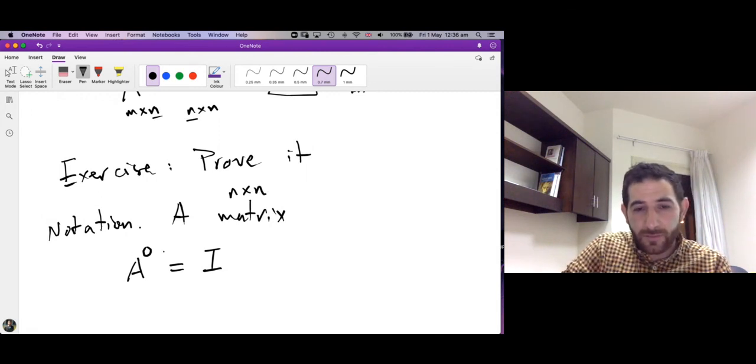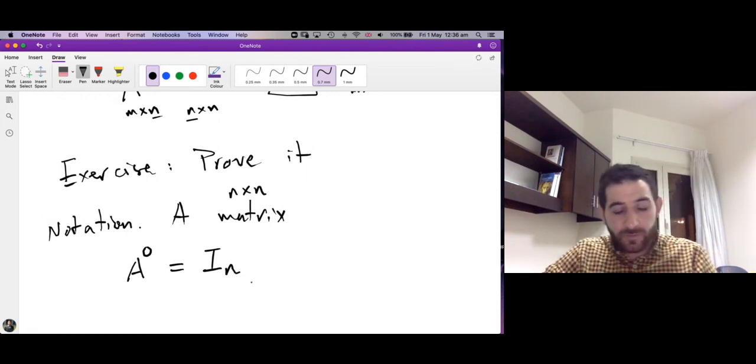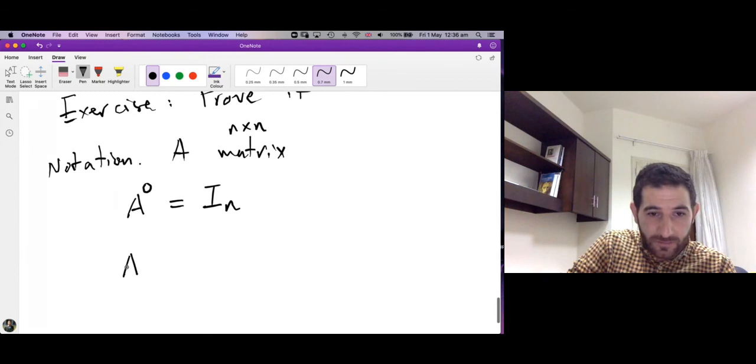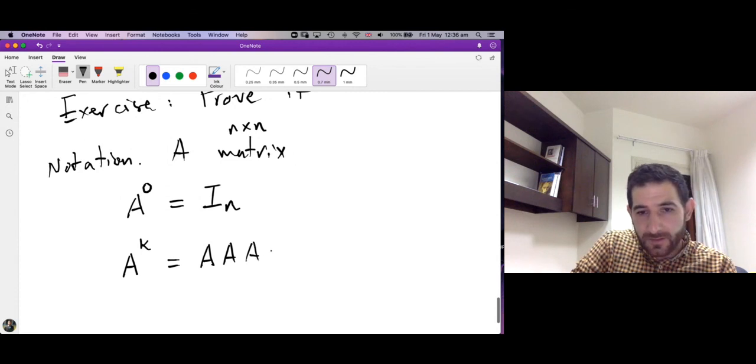If you raise A to the power 0, then by definition we get the identity matrix. And in general, if the power is a positive integer, A to the power k is defined to multiply A with itself k many times.